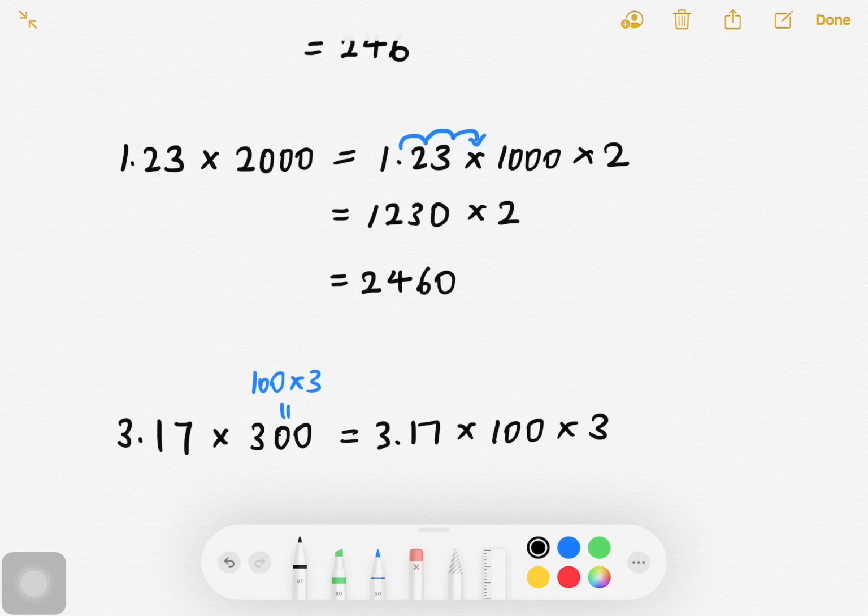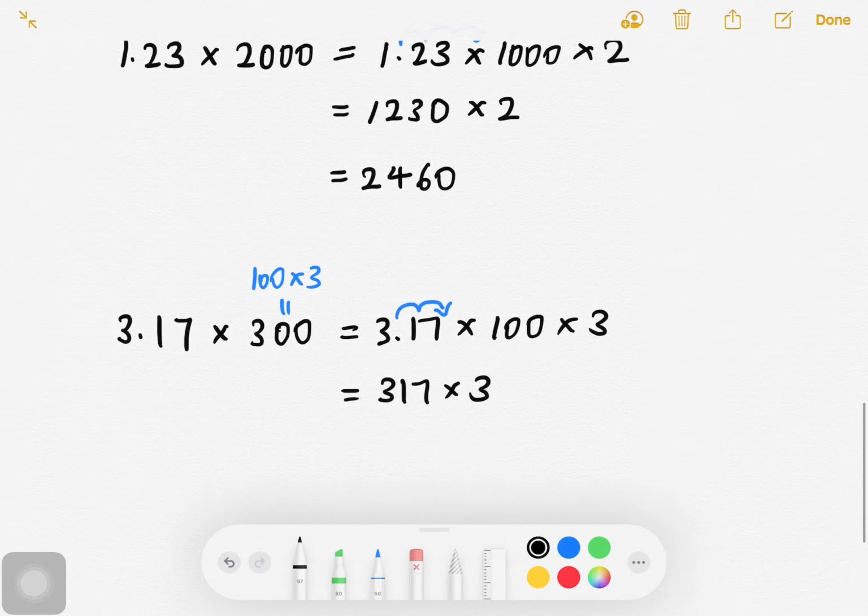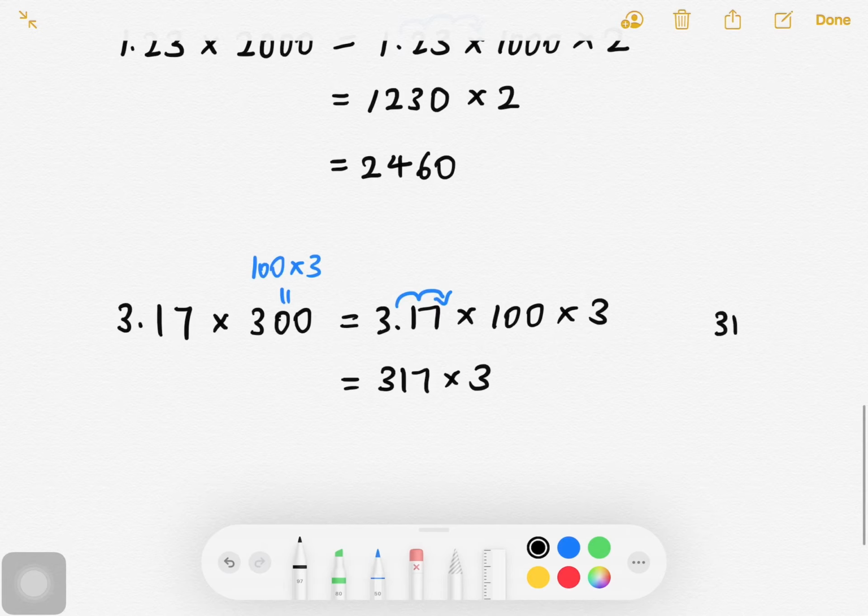I always shift my decimal point first, it's easier. I shift 2 place values to the right, 1, 2, because I multiply by 100. I will get 317 times 3. And with that, I just do my vertical working. 317 multiplied by 3, I get 951.